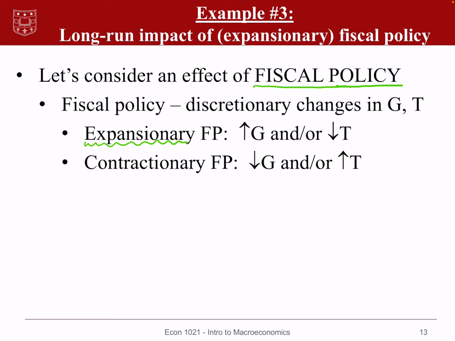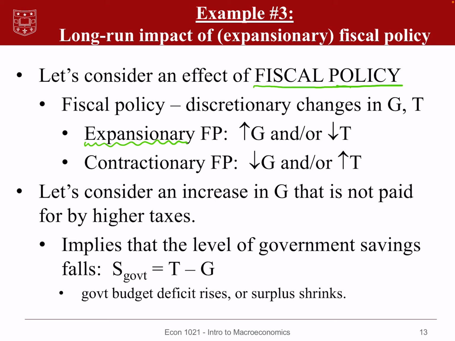So again, here it's harder to see that expansionary notion because we're holding income fixed at the potential level, but it'll be a little bit clearer later. And contractionary fiscal policy, the adjective is referring to the short run impact on the level of gross domestic product and the output gap. So contractionary fiscal policy is implemented by a reduction in government expenditures or an increase in taxes or both.